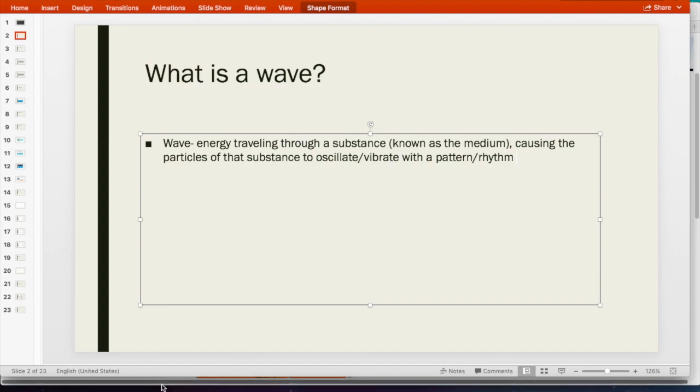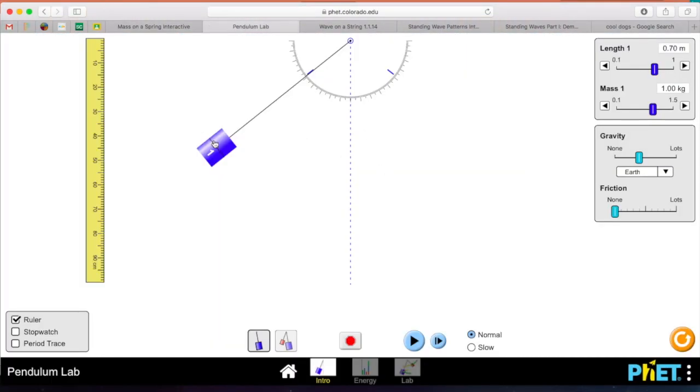Does that definition apply to the pendulum? Does the pendulum have some sort of rhythmic wave-like motion? Well, I think so. We know there's energy in the system. Right now, this pendulum is elevated off the ground. So hopefully you remember that the type of energy it has now could be called gravitational potential.